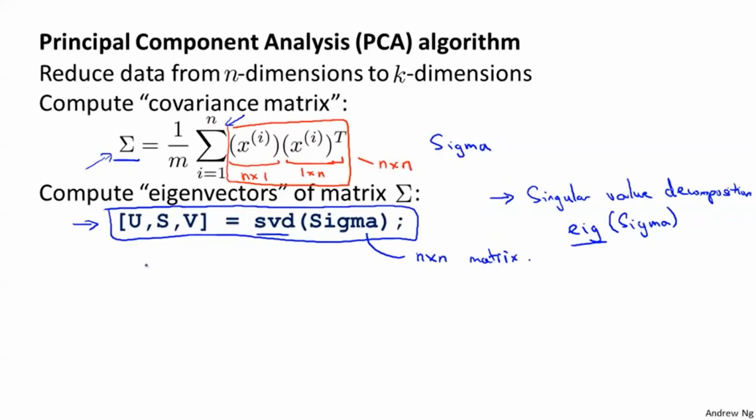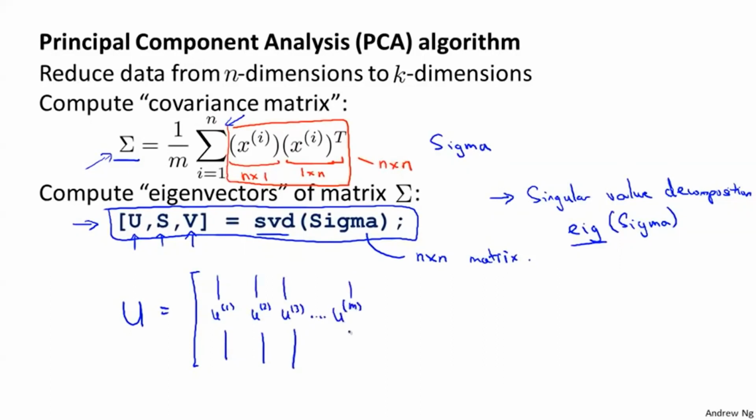What the SVD outputs is three matrices, U, S, and V, and the thing we really need out of the SVD is the U matrix. The U matrix will also be an n by n matrix, and if we look at the columns of the U matrix, it turns out that the columns of the U matrix will be exactly those vectors U1, U2, and so on that we want.